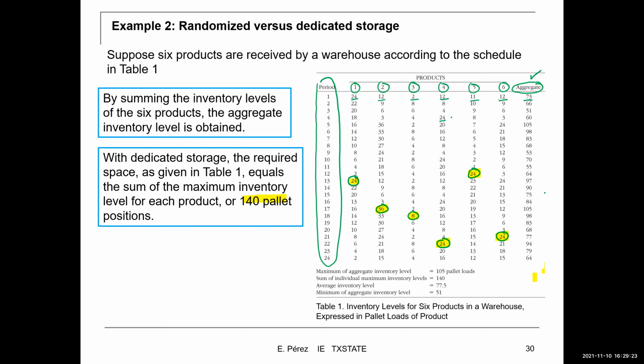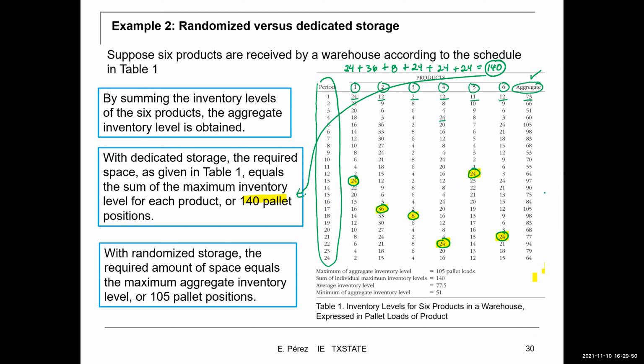And then 24 plus 36 plus 8 plus 24 plus 24 plus 24 should be equal to 140, which is the sum of the maximum inventory level for each product, or 140 pallet positions.